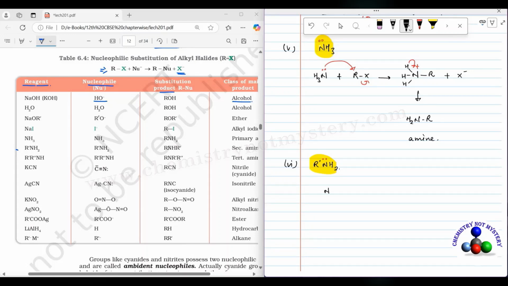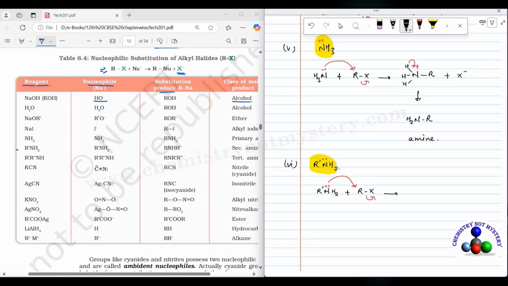So this is nitrogen. Here R-NH2 when it reacts with alkyl halide, nitrogen donates lone pair of electron to alkyl group and makes bond with it and expels the halogen in the form of halide ion.